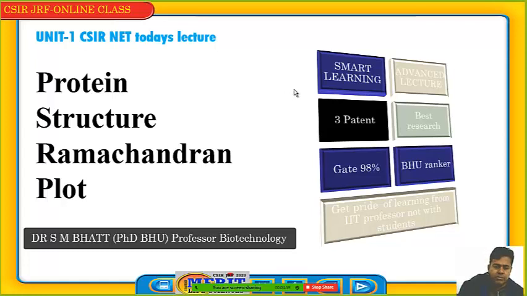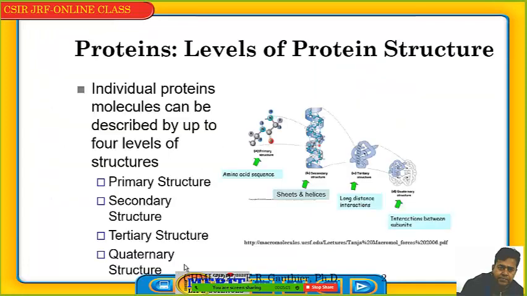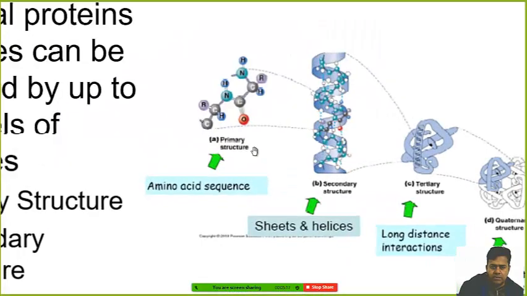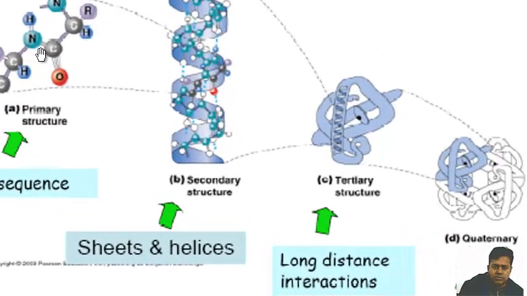Because protein structure is made up of various kinds of amino acids. So amino acids are going to adopt various types of structure, like primary structure and secondary structure. You can see here, these amino acid sequences form the primary structure, and then the primary structure is going to interact in the same chain.